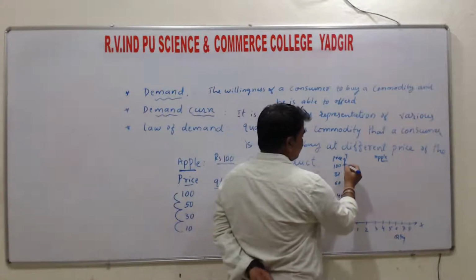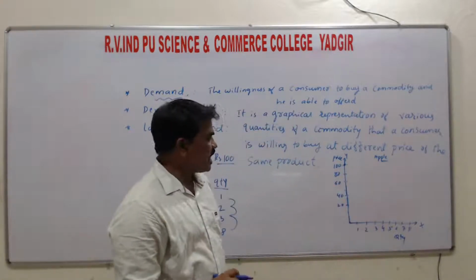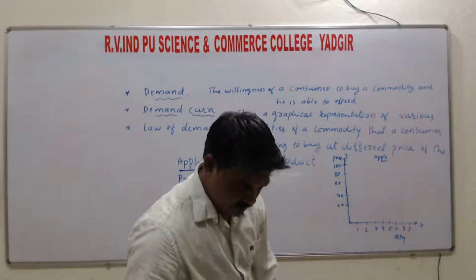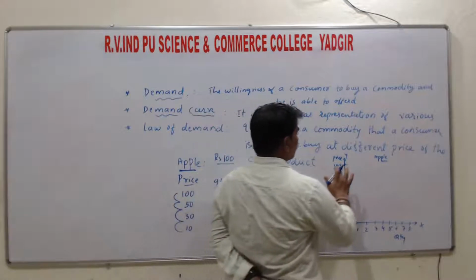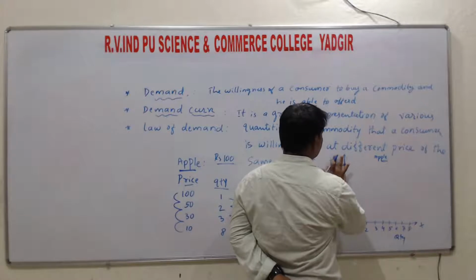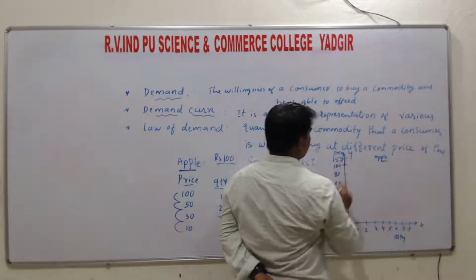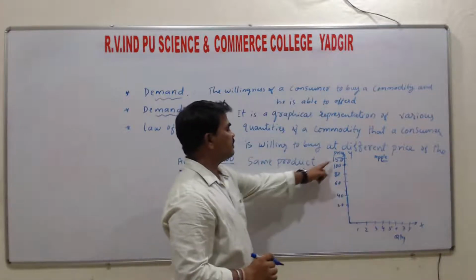Okay, so if the price of the apple is 100 rupees, this is 150.